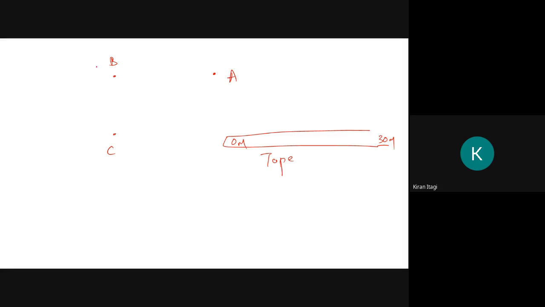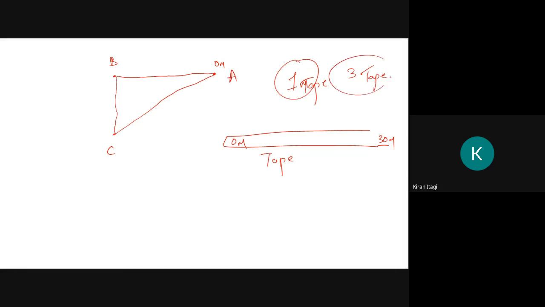I will take the 0 meter starting at this point, slowly move towards B, then come towards C, then go towards A. You can do it with one tape, or you can do it with 3 tapes. Generally, in the theoretical way we say use 3 tapes, but in practice we use only one tape.